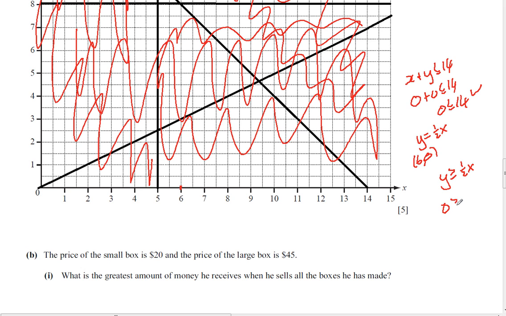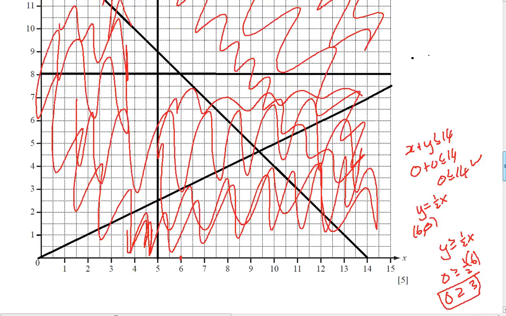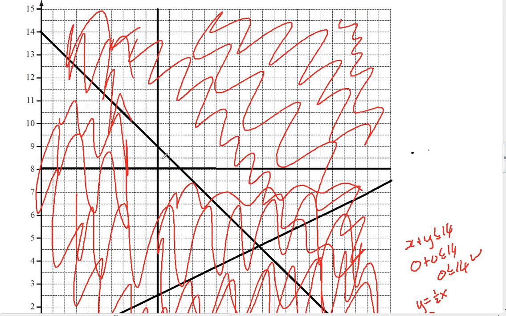Substitute this in: 0 is greater than or equal to a half of x, which is 6. Is 0 greater or equal to 3? No, it's not, so everything below this line is shaded. And we can see that R is this little patch here.